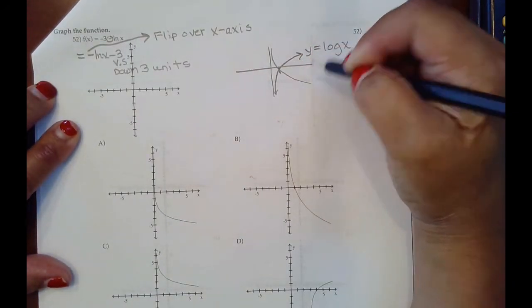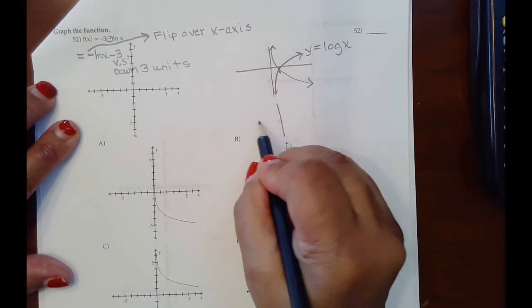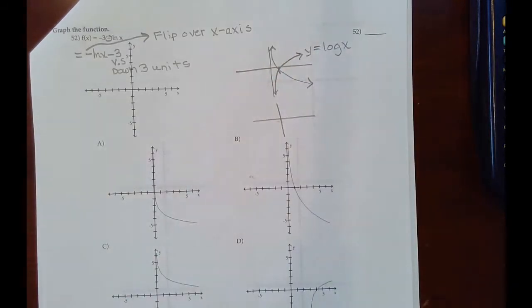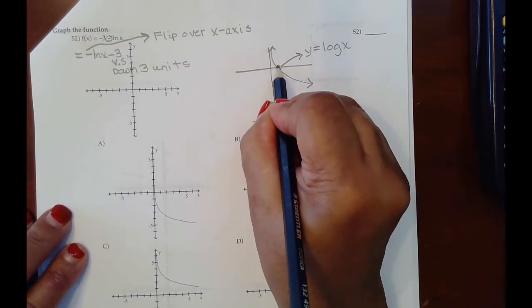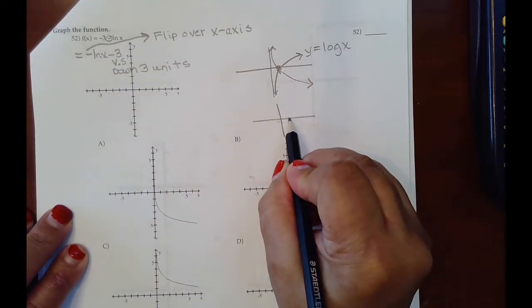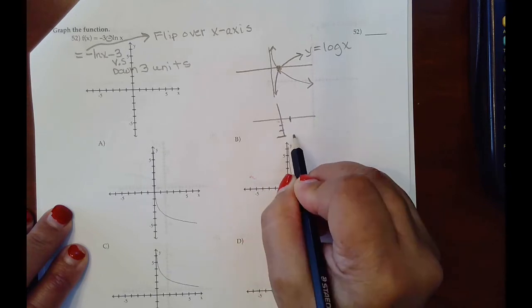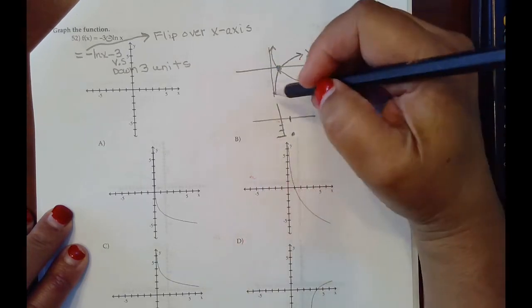That's one thing that's going to happen. Then on top of that, you're going to take this flipped graph right here, and move 3 units down because of that vertical shift. So this is going to move 1, 2, 3 units down like that.